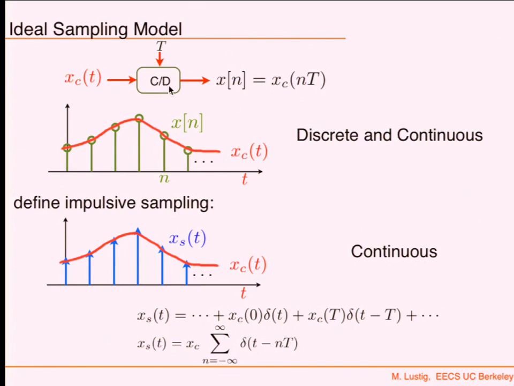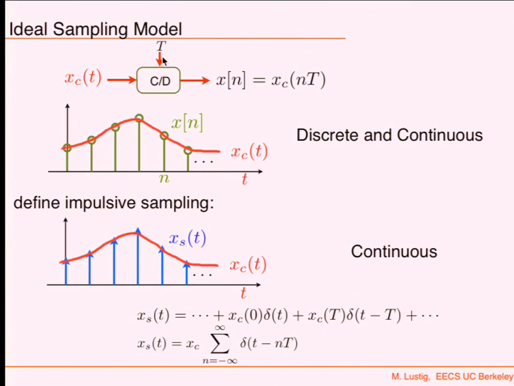This is kind of the ideal model of analog to digital conversion. Ideally, you would do exactly what you think. You would measure those samples exactly, no distortions, anything that we're going to talk about a little bit later when we talk about the non-ideal case. So we're going to call it C to D as opposed to A to D, just to differentiate between the non-ideal and the ideal.